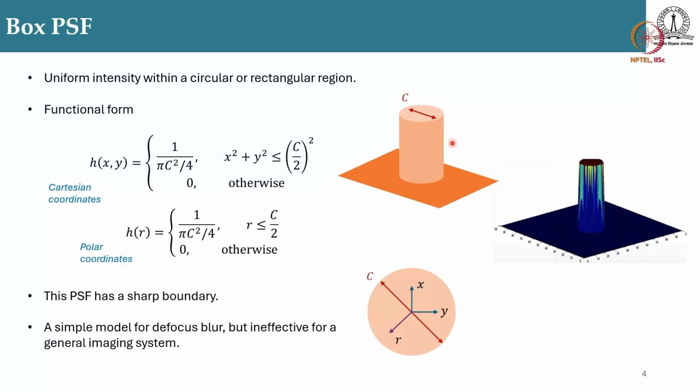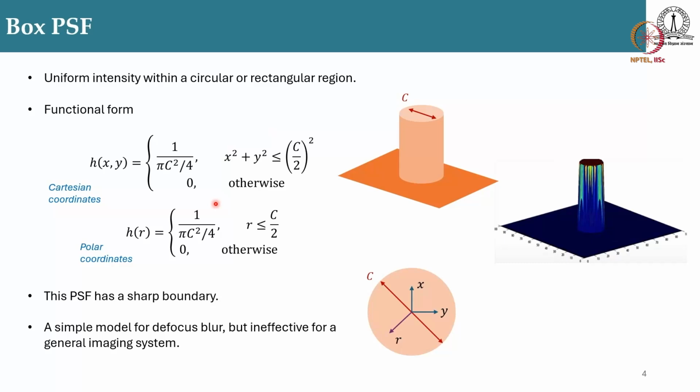In a functional form, it looks like this in Cartesian coordinates. This function h represents your PSF, and the value 1 is normalized by the area of the circle, so that if you integrate this over the area, you will get 1. And if you are outside this circle, it is 0. So this represents being inside the circle, and otherwise it is 0.